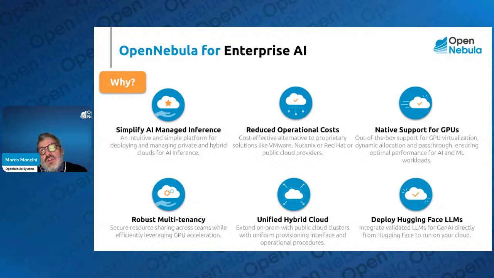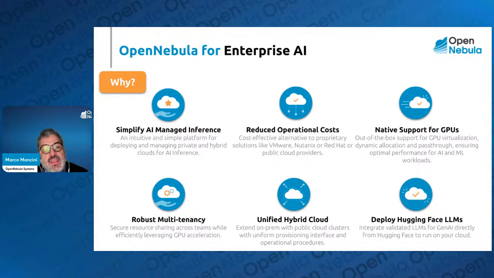You can use only one unified management panel, that is OpenNebula, that allows you to deploy very easily in the same way across different resources. And this allows you, for example, to scale your AI workloads in case of need, not only on your data center, but also on resources that can be allocated dynamically, for example, from public cloud providers.